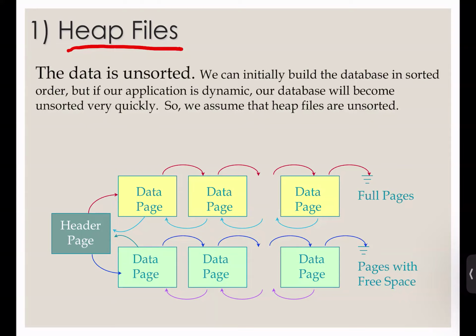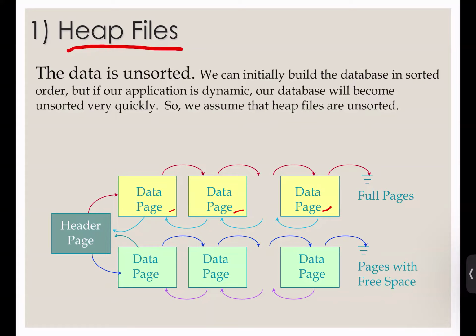That's all. Whenever you want to add something to your data page, the OS and the file system will keep track of all the data pages. If a data page is full, it's the file system's responsibility to look for the next page with free space for you.